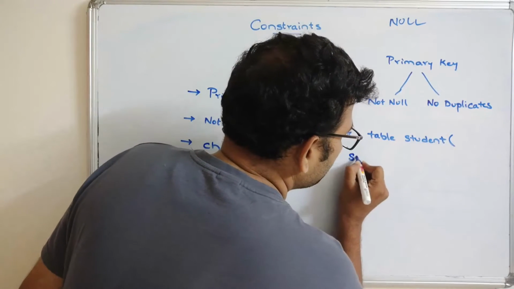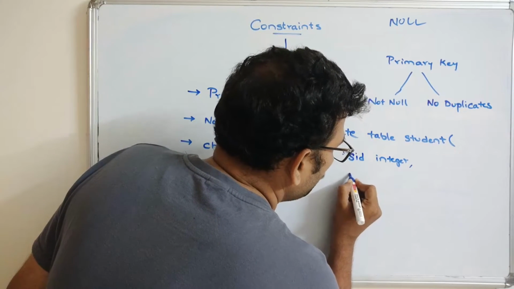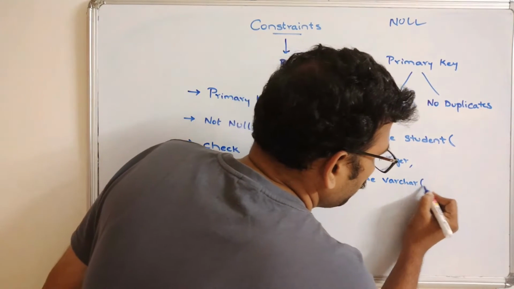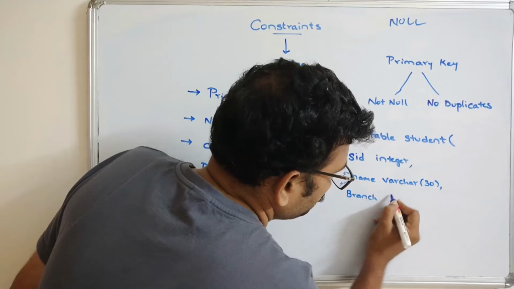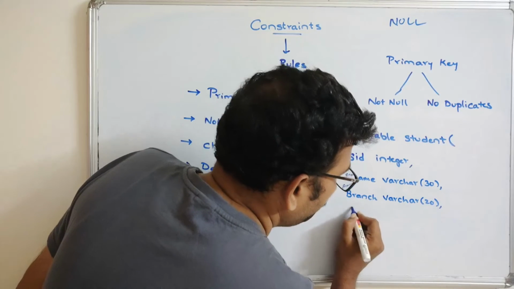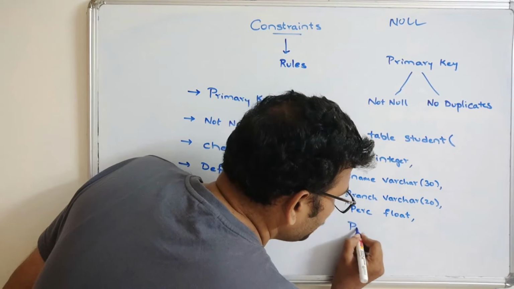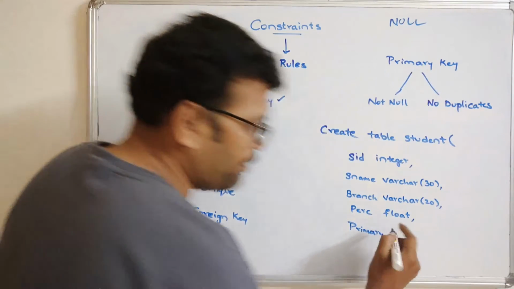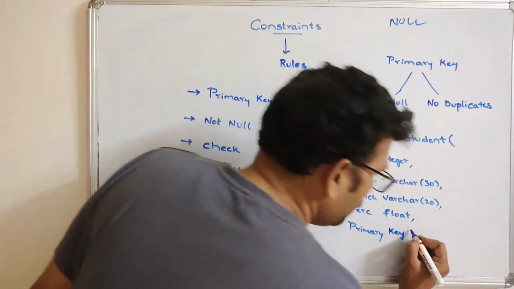So here I'll write SID integer, comma, sname varchar of 30, and branch varchar of 20, percentage as float, and here you need to write the primary key. That means a constraint. After declaring all the attributes, we can write the constraint primary key. For the attribute we want to give the primary key, we write it in parentheses.